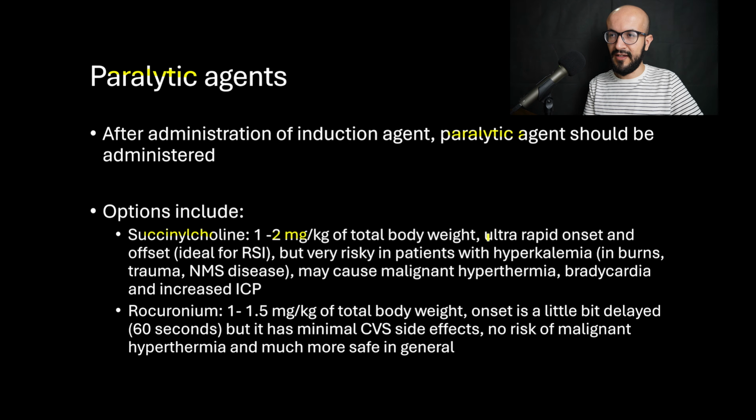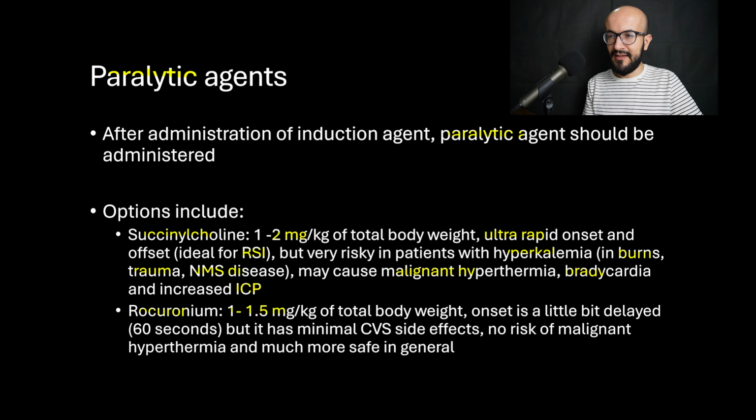Succinylcholine has an ultra-rapid onset and offset, which is ideal for rapid sequence intubation, but it is very risky in patients with hyperkalemia, such as in patients with burns, trauma, and neuromuscular diseases, and it may cause malignant hyperthermia, may cause bradycardia, and increases the intracranial pressure.